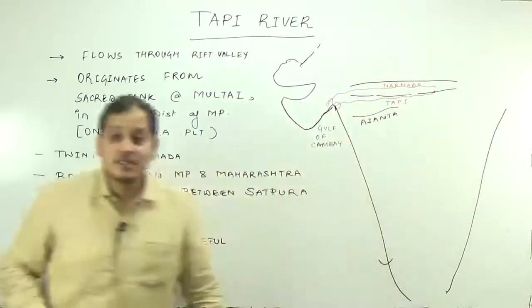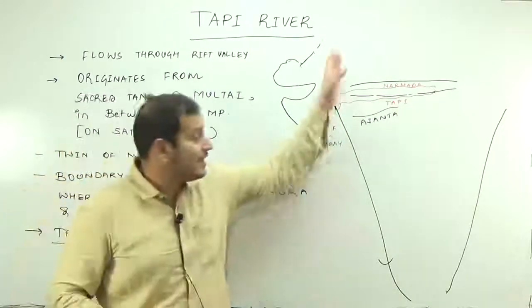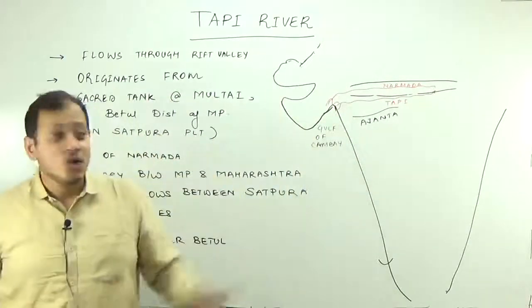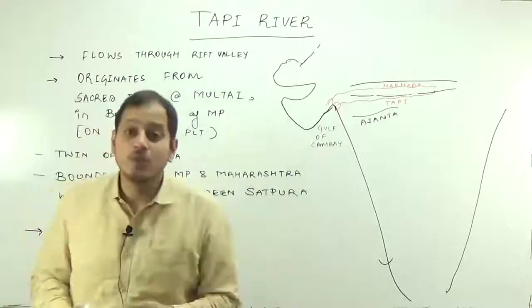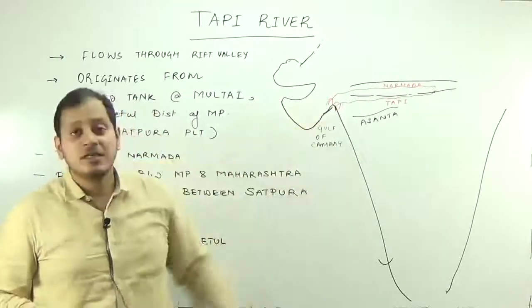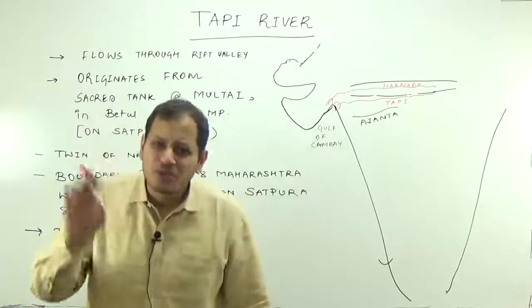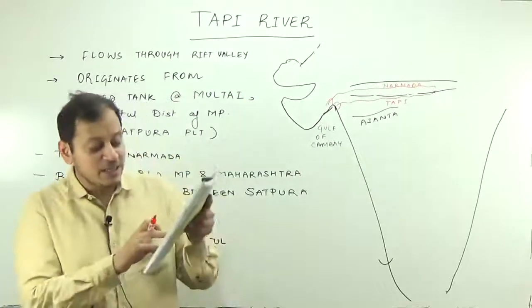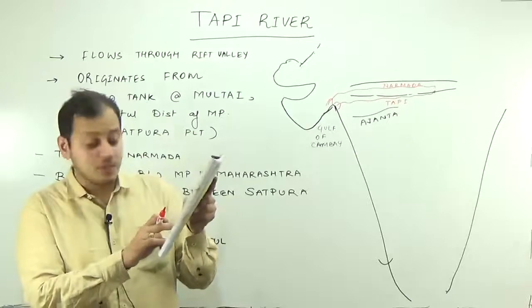But UPSC may ask you to name the rivers from north to south which drain into the Gulf of Cambay. Narmada and Tapi, but you shouldn't stop here. There are two more rivers.